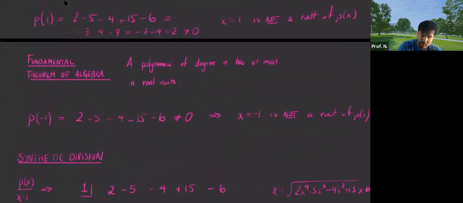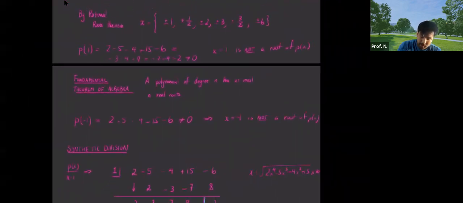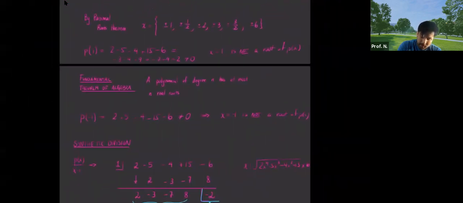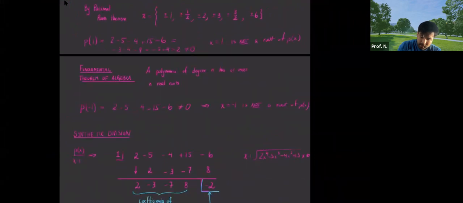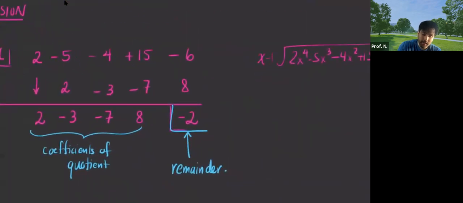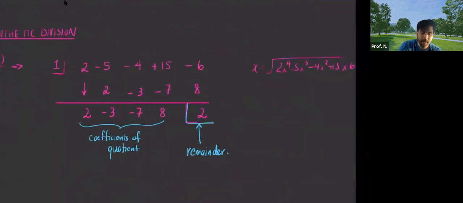That's right. So let me just see if I did this correct. Oh, I added incorrectly. Guys, you gotta tell me. -6 plus 8 is +2, not -2. Okay.